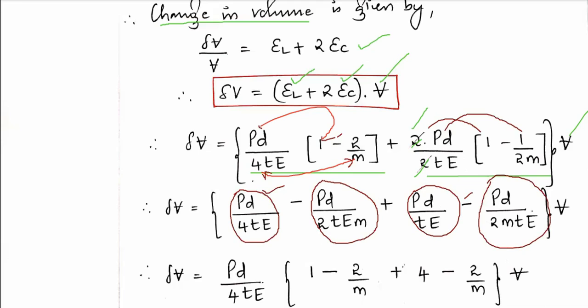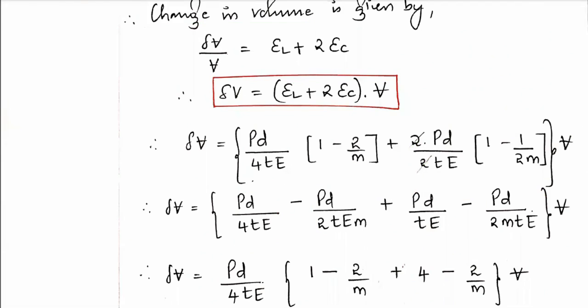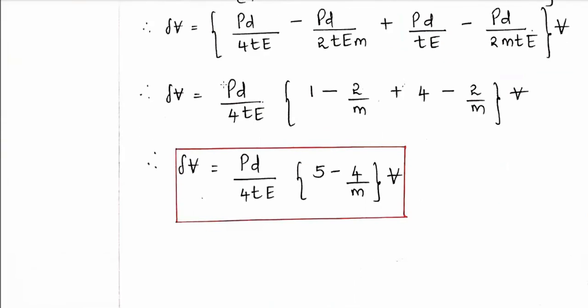Among all these terms, if I check, what can be the common thing? Pd divided by 4Te can be taken as common. So I have taken Pd divided by 4Te as a common term from this expression.